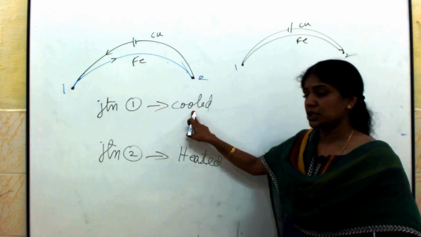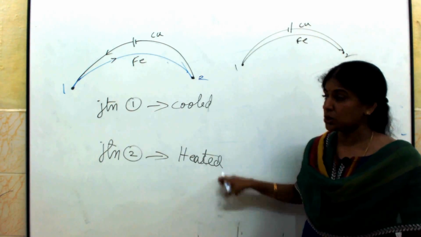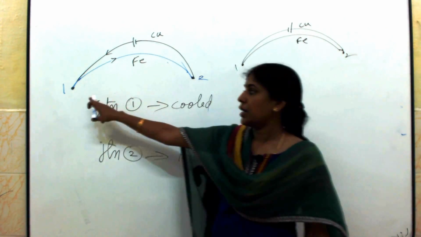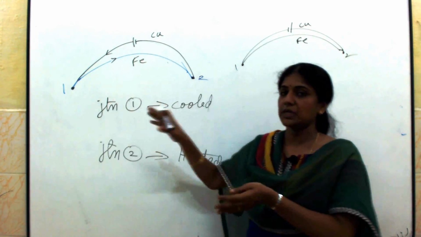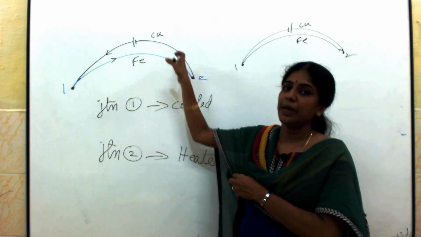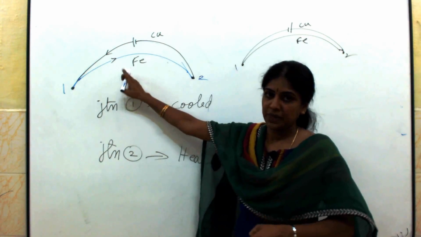When heat is absorbed, the junction becomes cool. When heat is evolved or liberated, it becomes hot. So one junction will be hot and one junction will be cool. Because of the difference in temperature, there is a potential difference. Because of that, an EMF is developed and a current will flow. In this example, current is flowing from copper to iron in this direction.